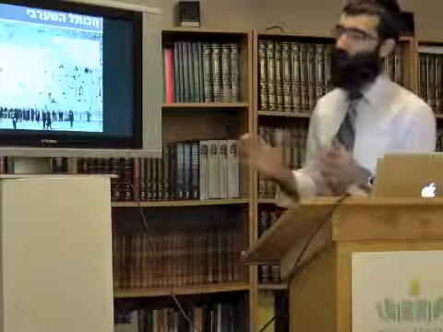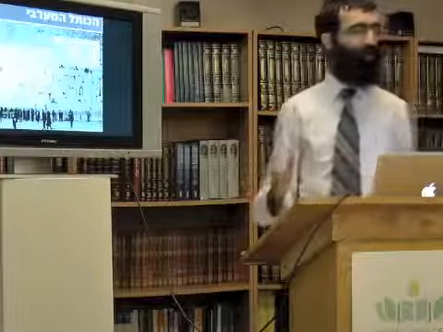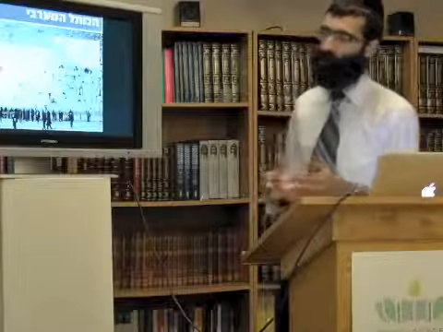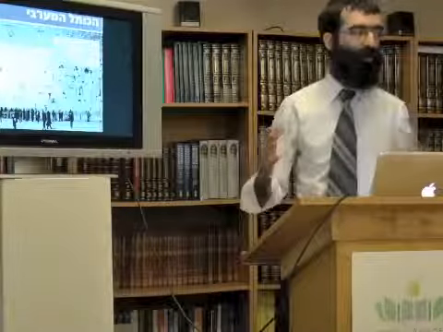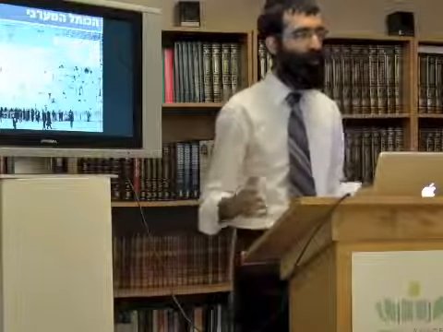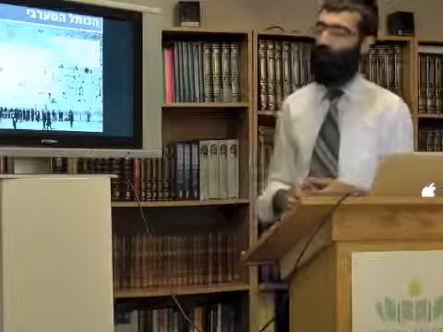This is the Kotel. This is considered today one of the holiest places in Judaism. This is the place where hundreds of thousands, millions of Jews go to pray. Jews go there to pray every day.